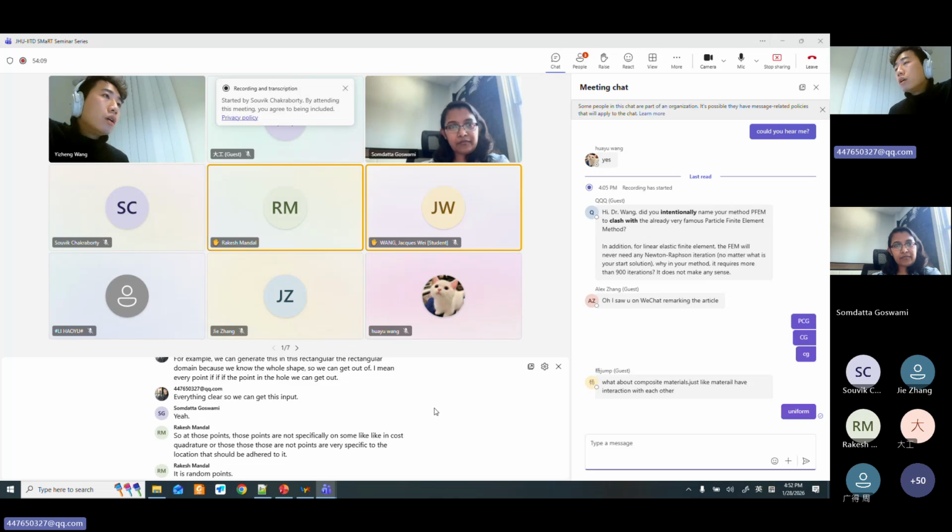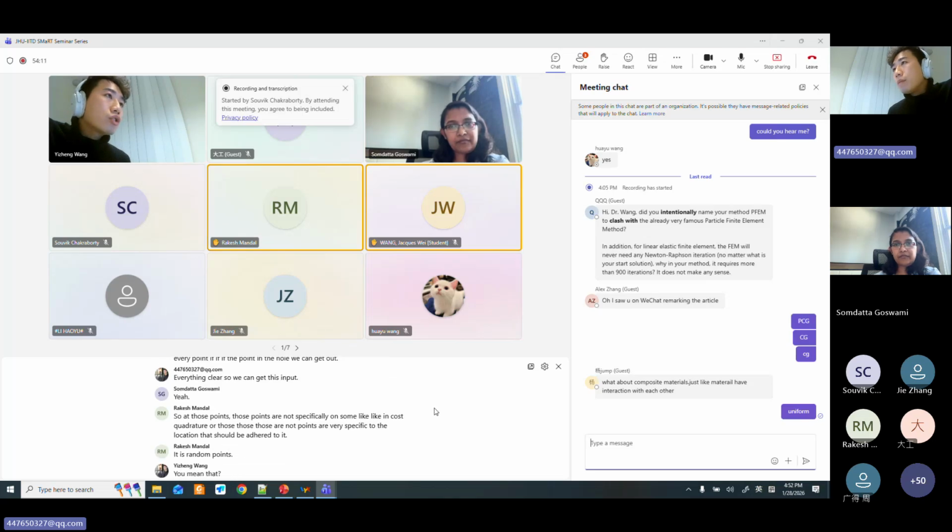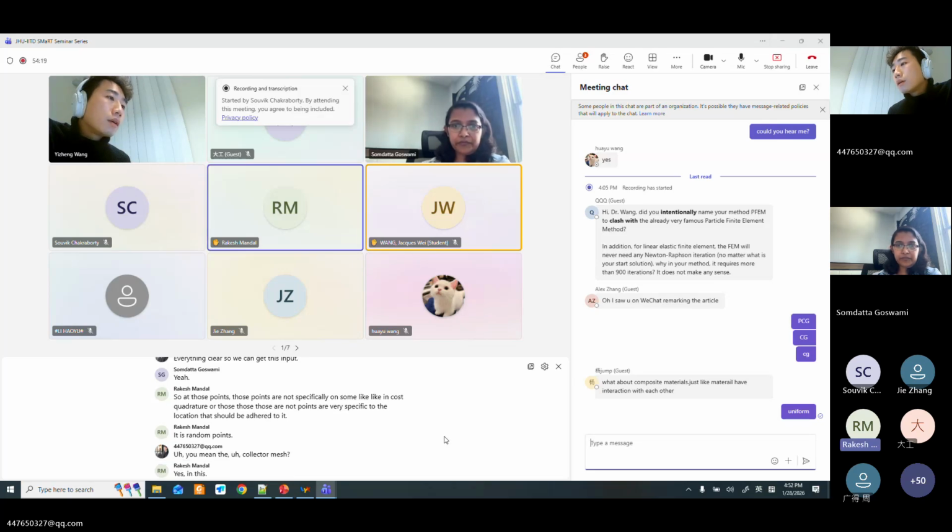You mean the collocation mesh? Yes, in these distributions, like in the second Transolver, the points are random, right?